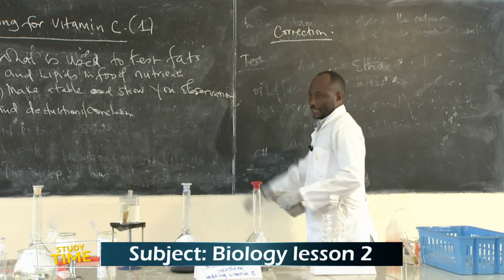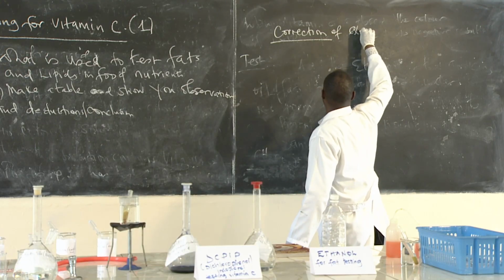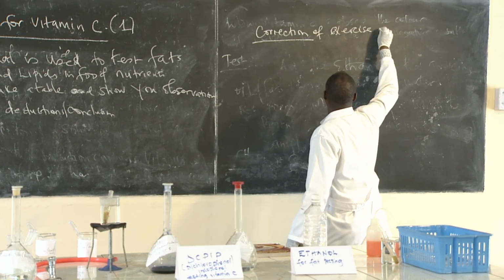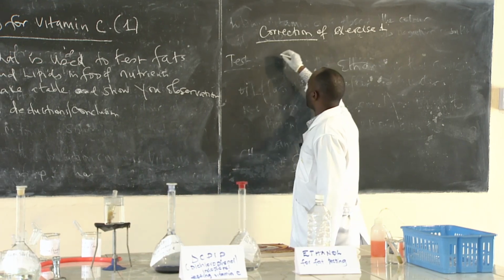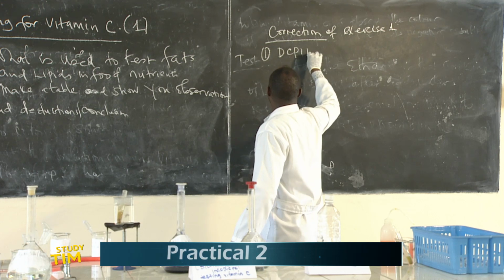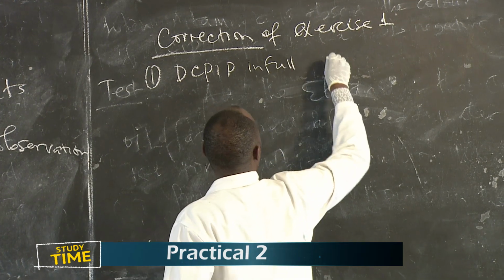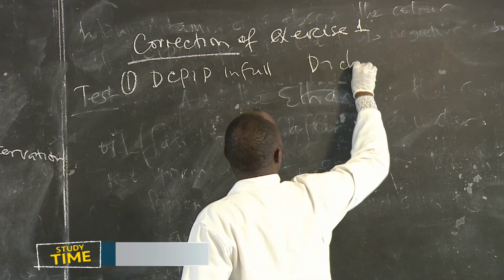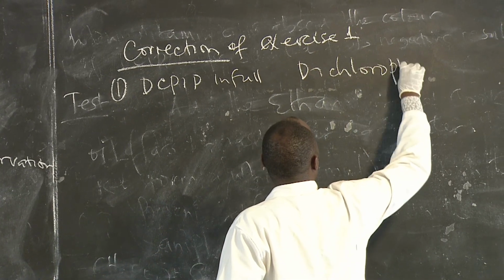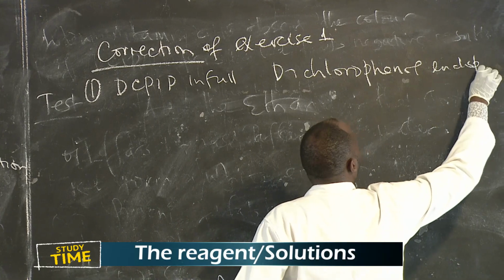Take a note and write the correction of the exercise. Exercise 1: DCPIP in full, we write it is dichlorophenolindophenol.